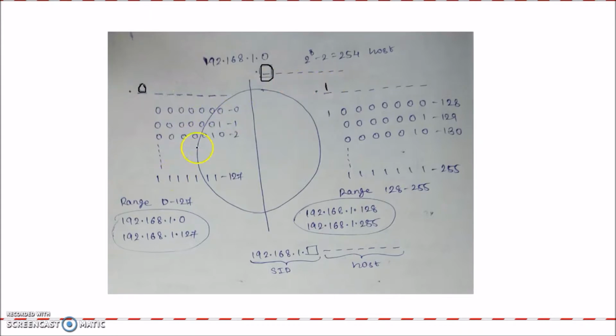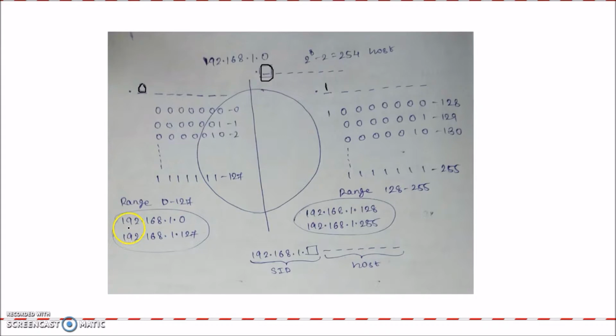Therefore, the range of IP addresses of hosts is as follows. Here we have 0 in the subnet ID part, followed by 7 zeros for the first host, and 1s for the last host, and so on, from 1, 2, 3 up to 127 possible in the host ID.